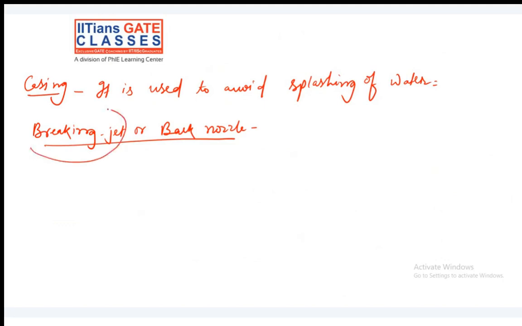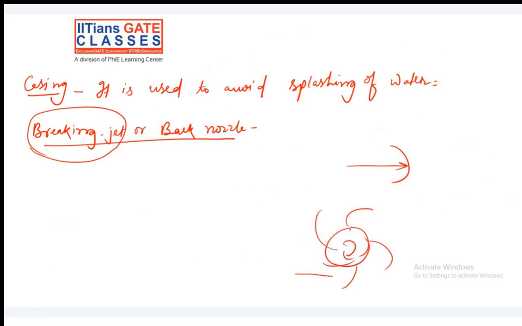Braking jets means what? See, let us say this is the jet which is helping to generate the power. Then the braking jets attack in the reverse direction. Like if this is rotating in this direction, and I supply the jet in the opposite direction, then it will reduce its speed. Getting the idea?